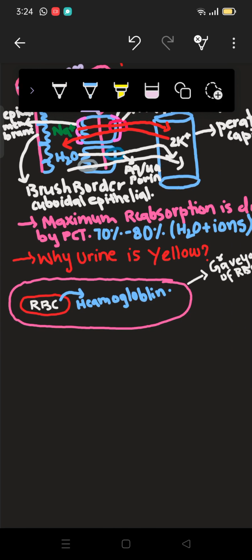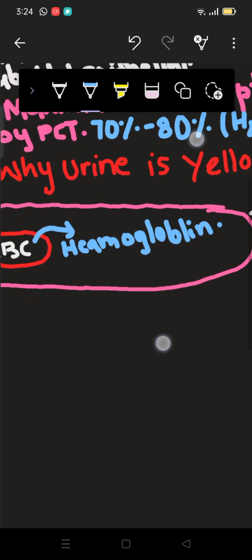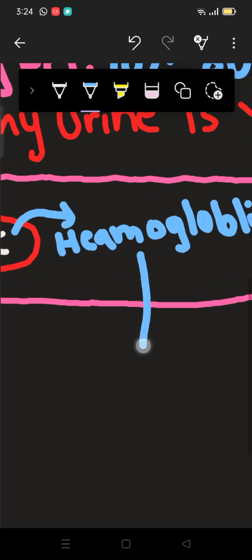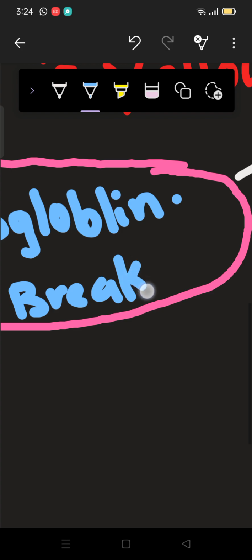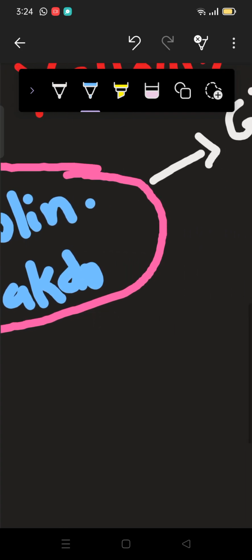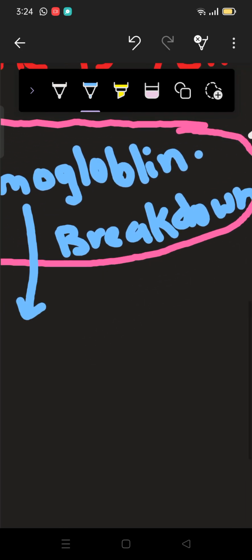Hemoglobin is then broken into two pigments which are known as bilirubin and biliverdin. All right, hemoglobin is broken down and converted into bilirubin and biliverdin.